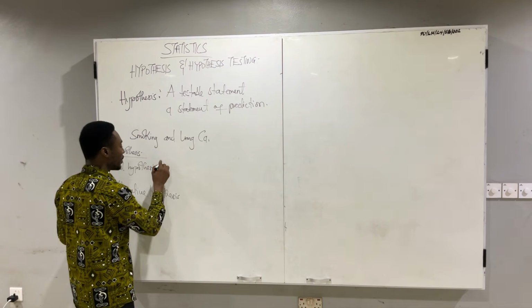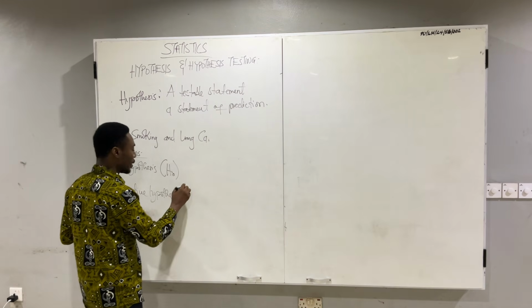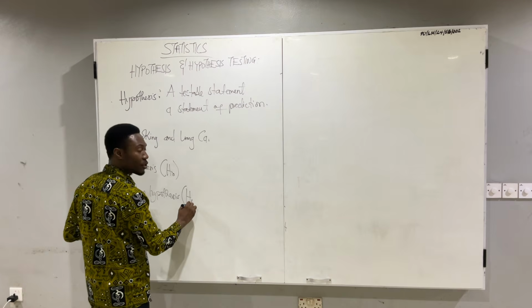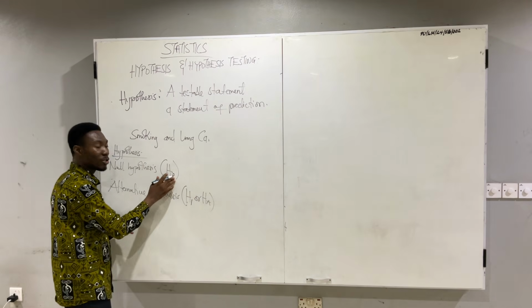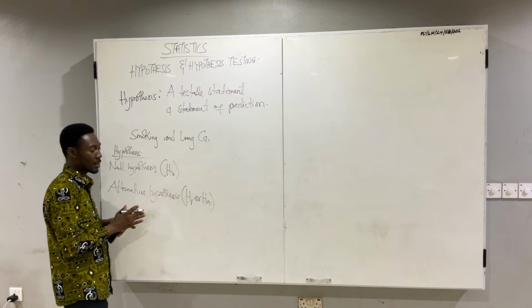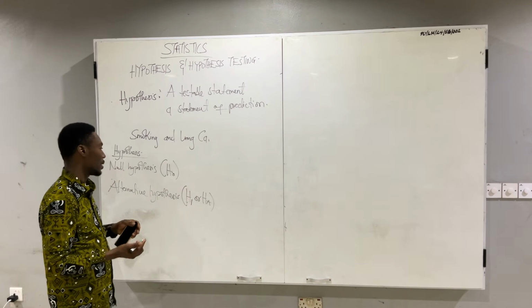Now, this null hypothesis, you can represent it by this symbol, H0. The alternative hypothesis can be represented by H1 or HA. So if you write H0, it's the same as the null hypothesis. If you write H1, it's the same as alternative hypothesis.